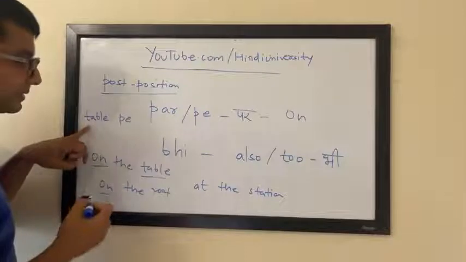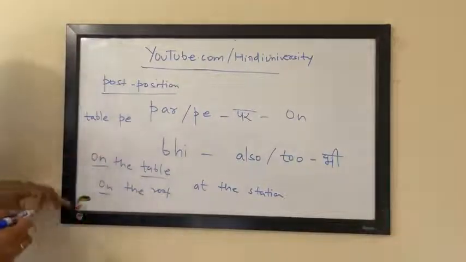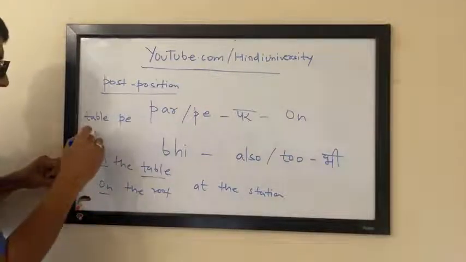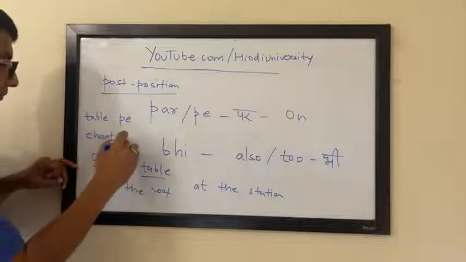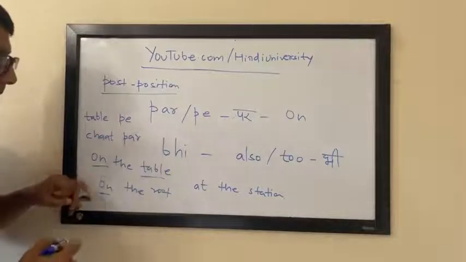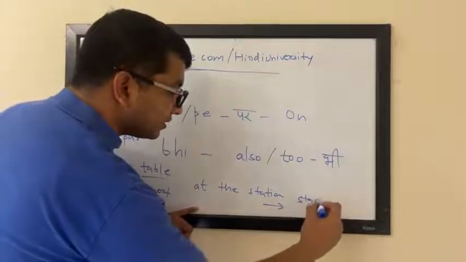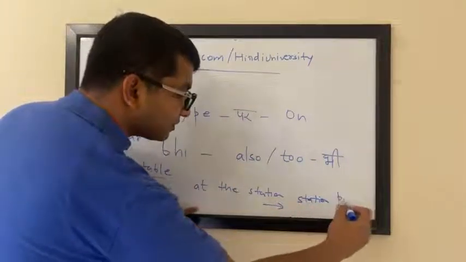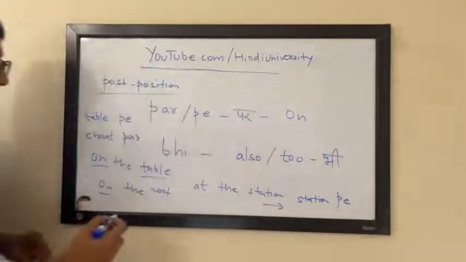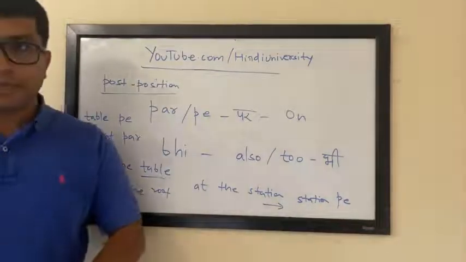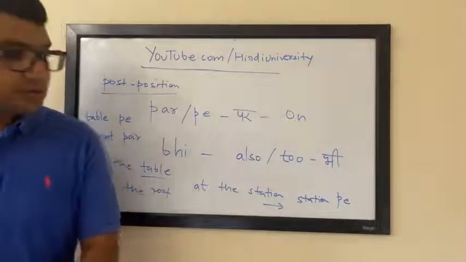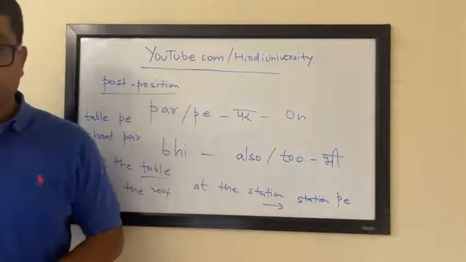Pe and par in this case are the same; you can use either of them. Similarly, on the roof, you will say chhat par or chhat pe. At the station, you will say station pe or station par. So it's a slight switch: English preposition, Hindi postposition, because they follow the noun or the pronoun.